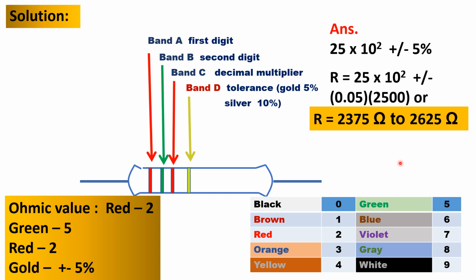But supposing the measured value is lower than 2,375 ohms, or possibly greater than 2,625 ohms, it only goes to show that resistor has a factory defect, and you should not use that resistor anymore.